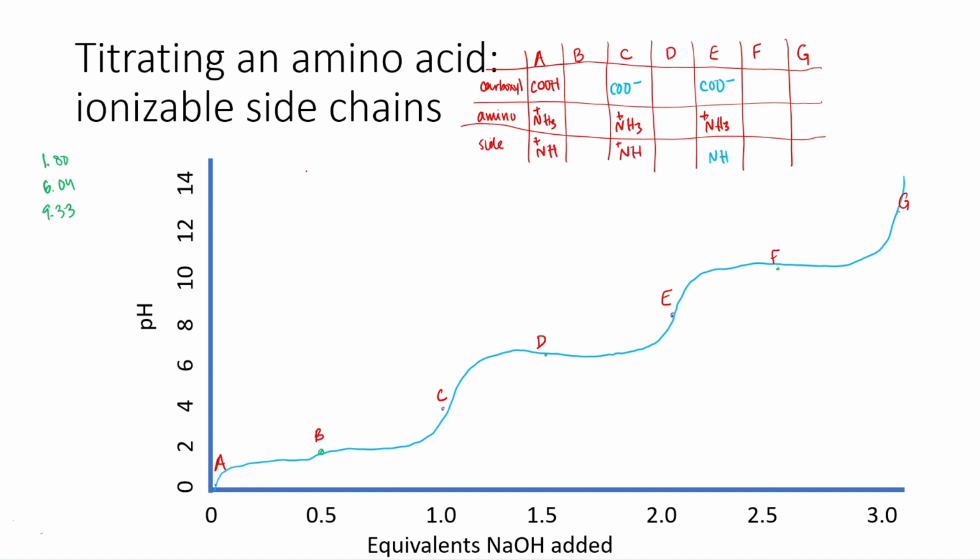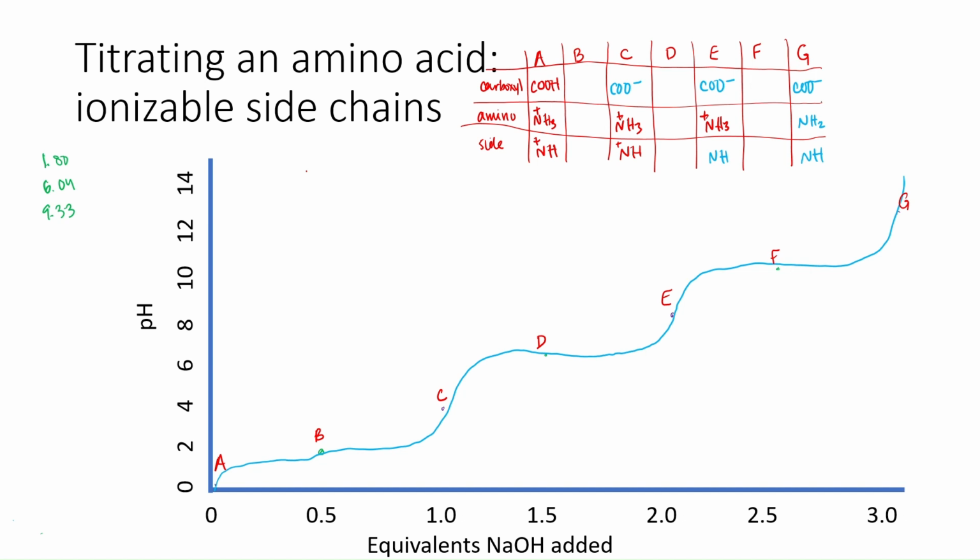At our last equivalence point, at point G, that's when we finally have our amino group losing its proton, fully deprotonated. So now we have our amino group, neutral charge, carboxyl group is negatively charged, and our imidazole ring is also neutral.